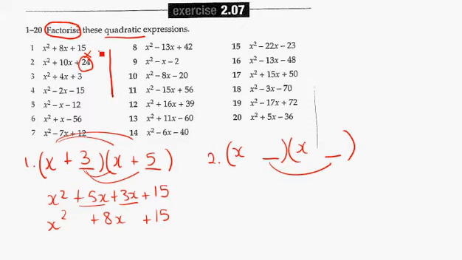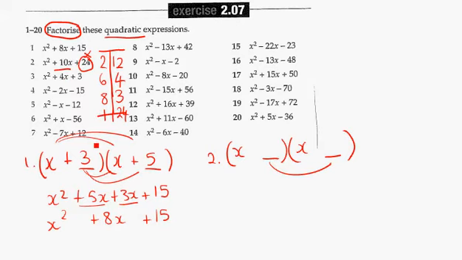Now 24 has lots of factors, of course. 2 and 12, 6 and 4, 8 and 3, 1 and 24. So there's quite a few options to think about. Now the second step is to go back to the middle term and ask yourself, can I add or subtract these pairs of numbers to equal 10? Because it's the adding and subtracting in the middle that give you the 10x.